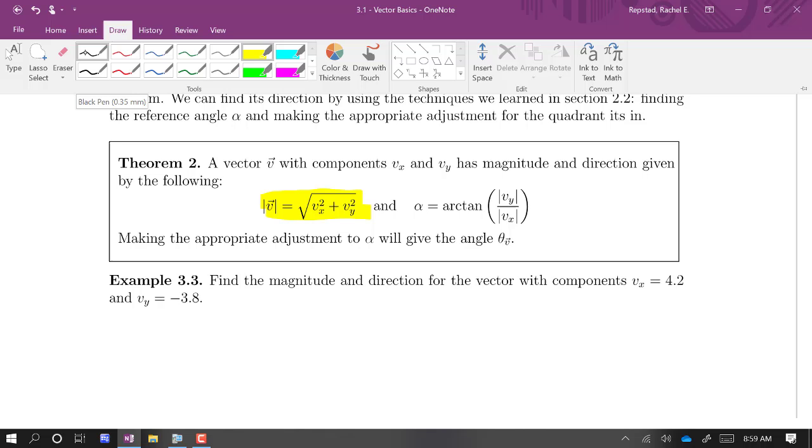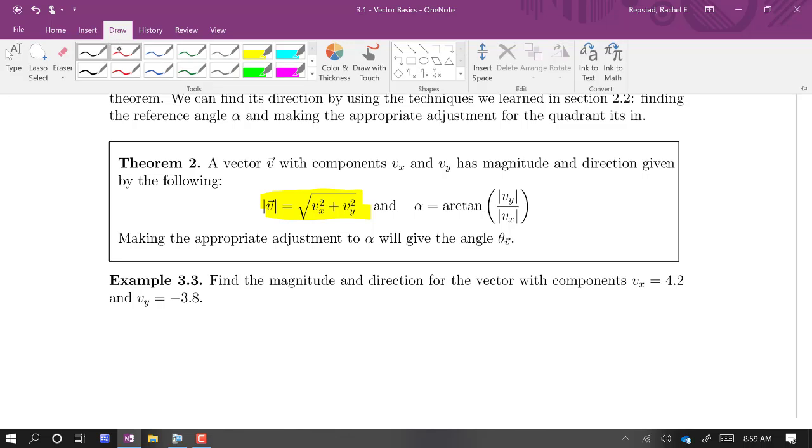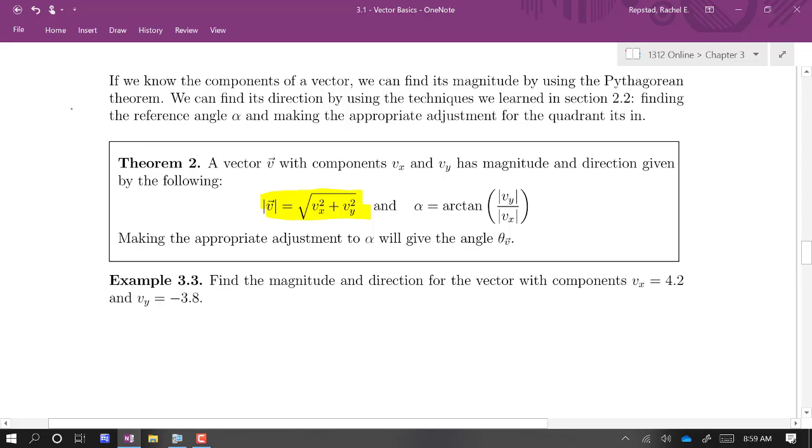And then finding the direction, we have to be a little bit careful. We're first going to find a reference angle, which I'm calling alpha here. We find a reference angle by making sure that we plug in positives to the arctan. We're using arctan because if I know the components, I'm going to sketch this out in the margins. I'll draw this in the first quadrant, but it's valid regardless of where we draw it.